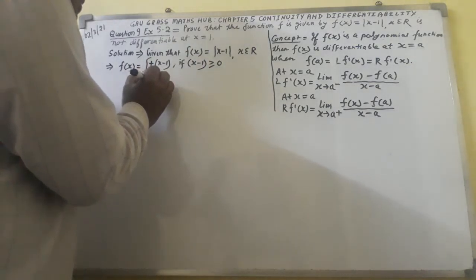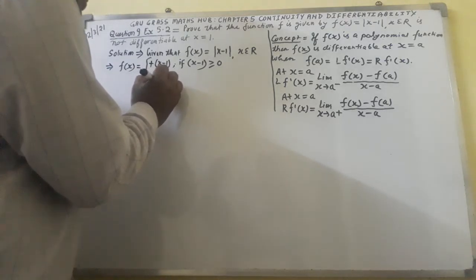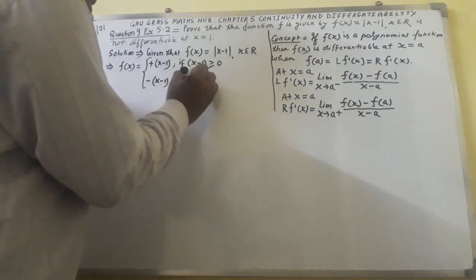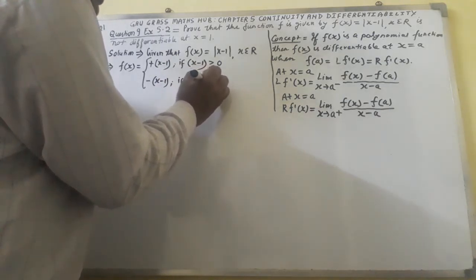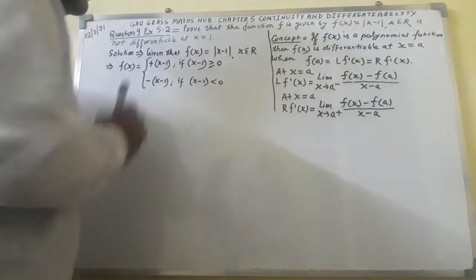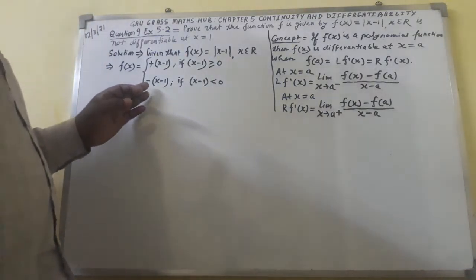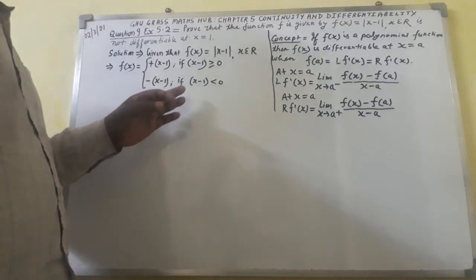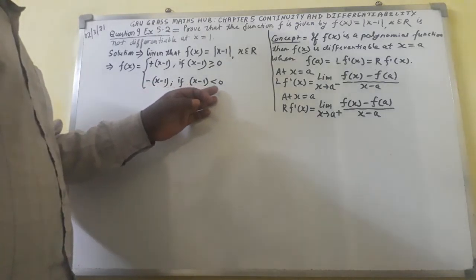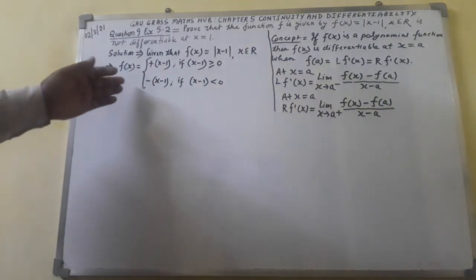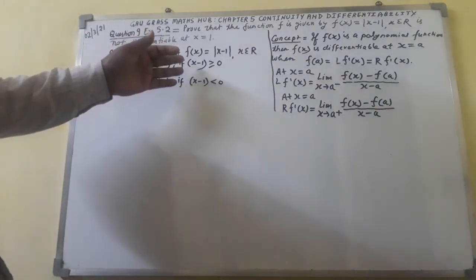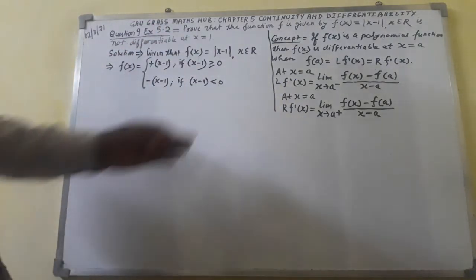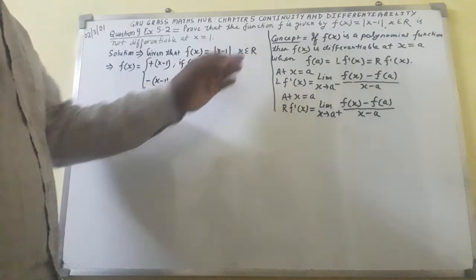And also second one is minus x minus 1, comma, if x minus 1 is less than 0. Here minus in bracket x minus 1, it will come when x minus 1 is less than 0. This is the expansion of f of x equal to mod x minus 1, where x belongs to set of real numbers.